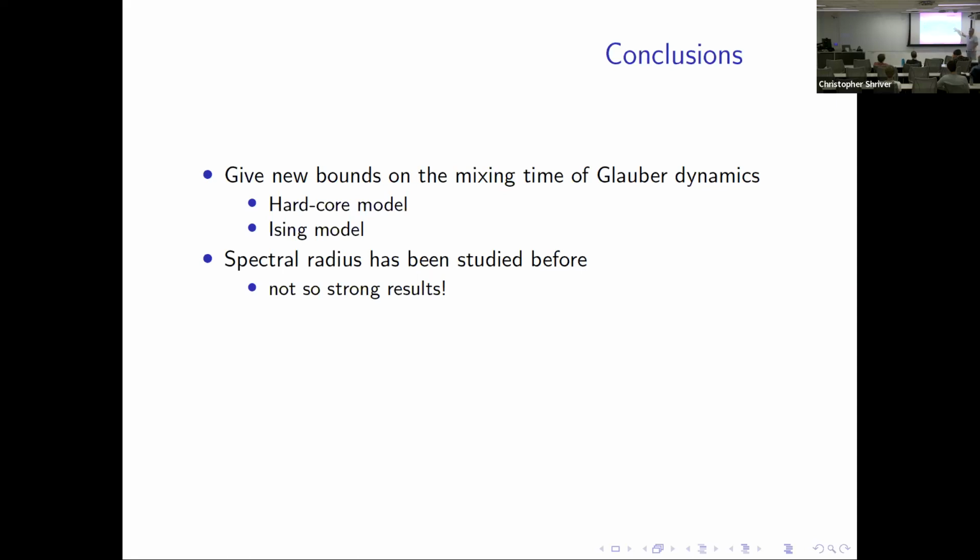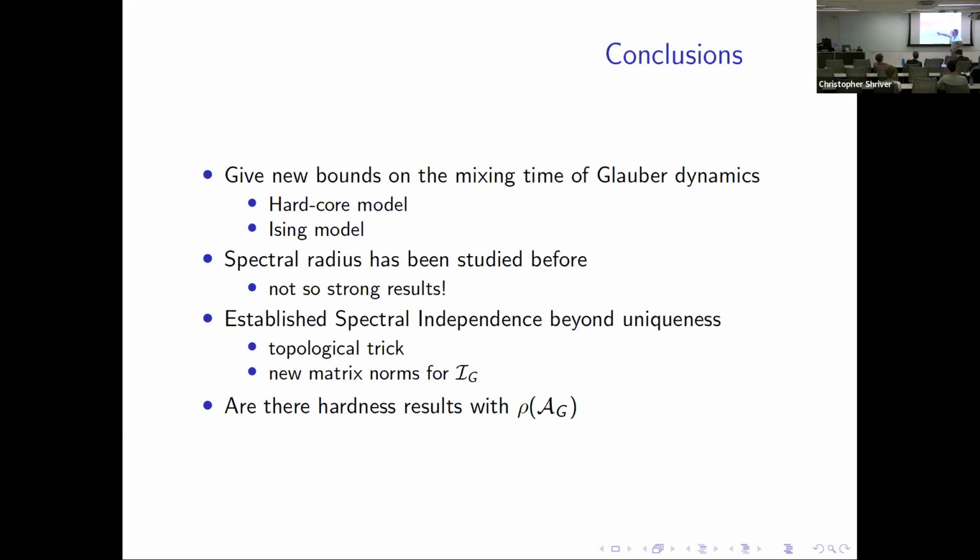So this spectral dependence is a really strong method, so it makes sense to try these ideas here, right? I can describe to you later, if you like, the improvements I get with respect to the previous approaches. So we saw two approaches for establishing spectral dependence and hence rapid mixing: this elementary topological trick I showed you before, and we used some new matrix norms.